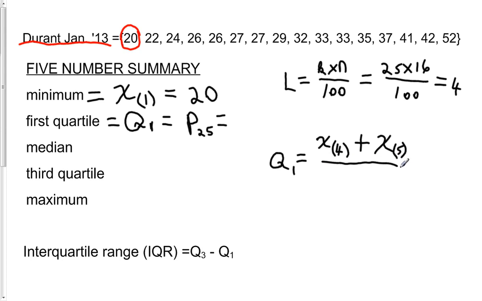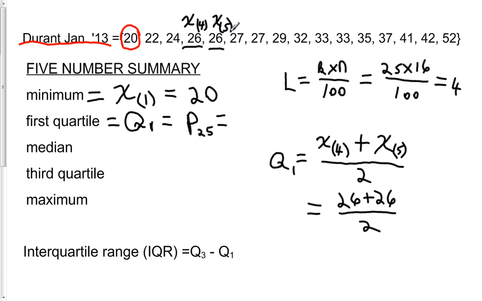In essence, we are averaging the Lth and the L plus 1th order statistic. In our case, that turns out to be 26 plus 26 over 2. We are taking these two order statistics, x4 and x5. They're both 26 and we're averaging them. So we get that the first quartile is the number 26.